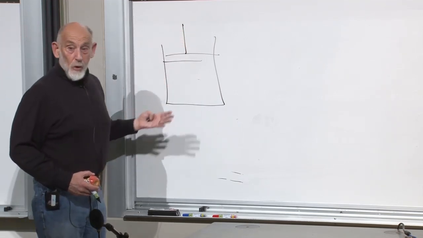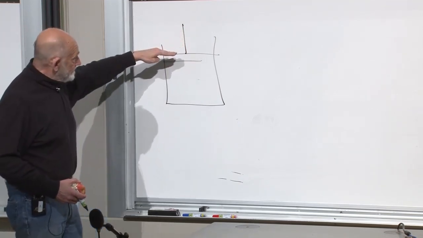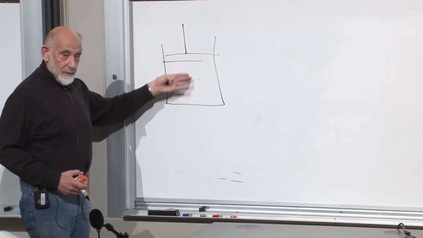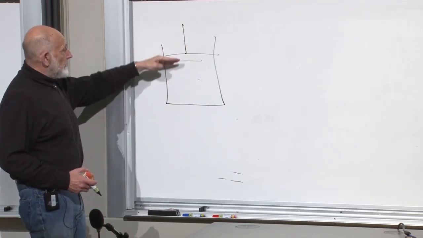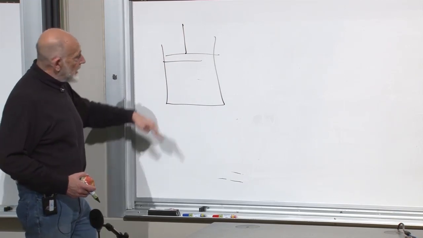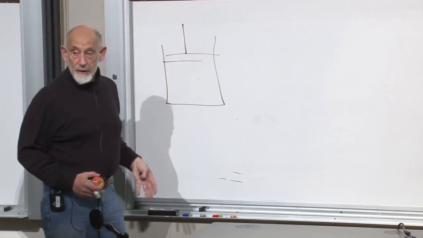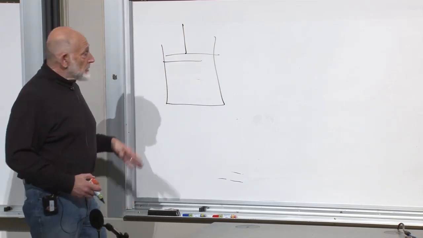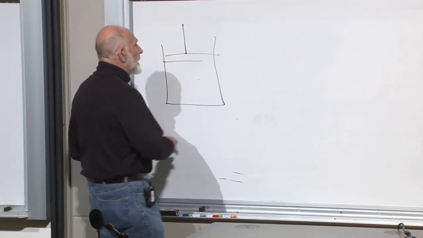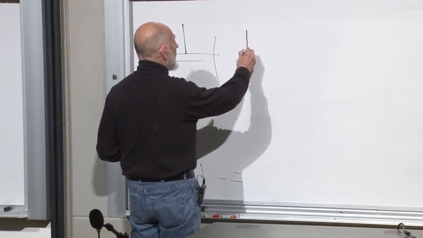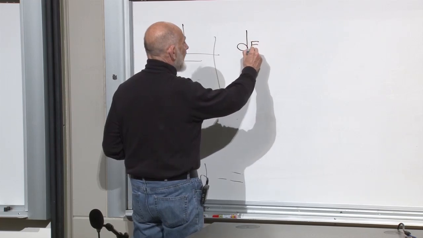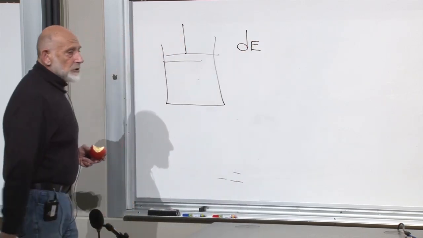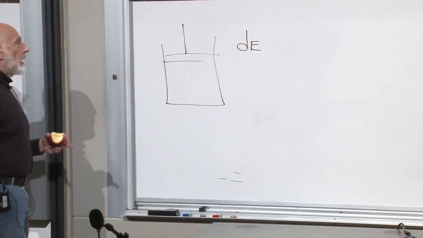That's called the work done on the piston by the pressure. And by energy conservation, any work that's done on the piston must be taken away from the gas. So energy conservation tells us that the change in energy of the gas is minus the work done on the piston.